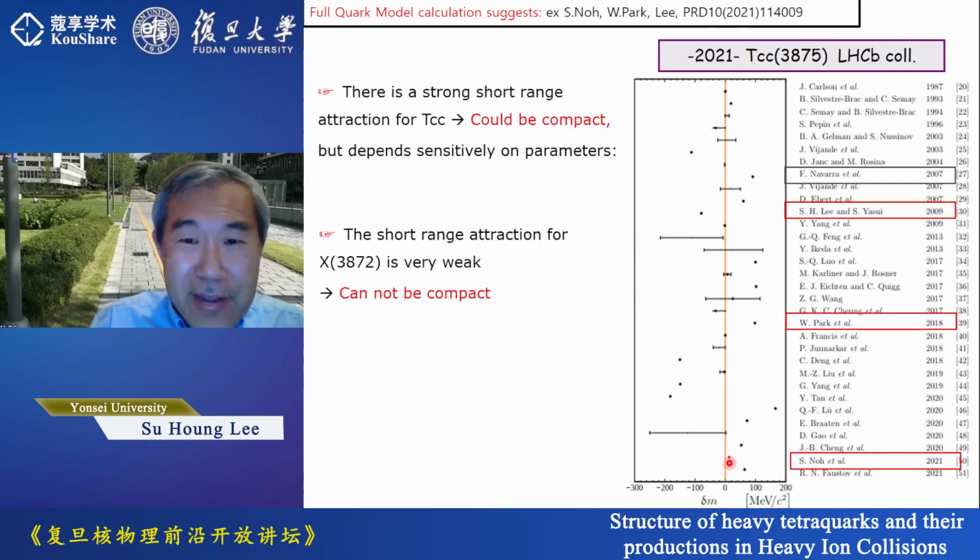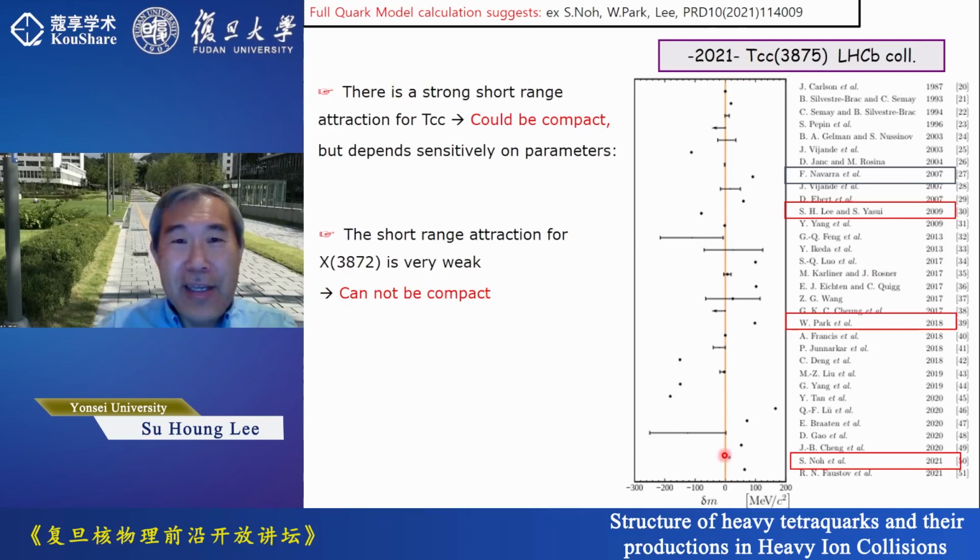It's still not completely sure, because if you change the parameter slightly or change the form of the potential, this could be compact or maybe not compact. But what we can say is X3872 cannot be compact. This is certainly true. So that's the first conclusion that we can draw.